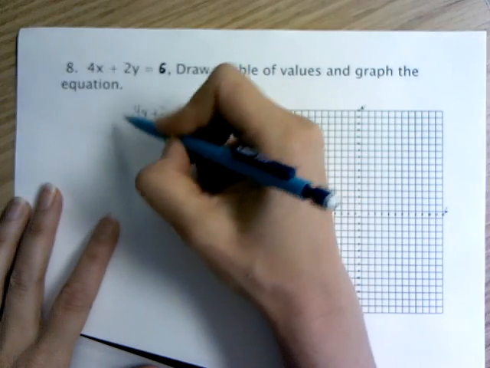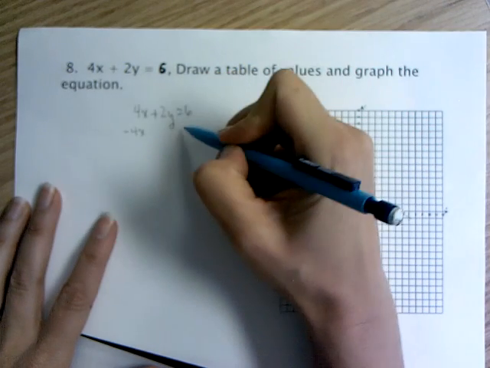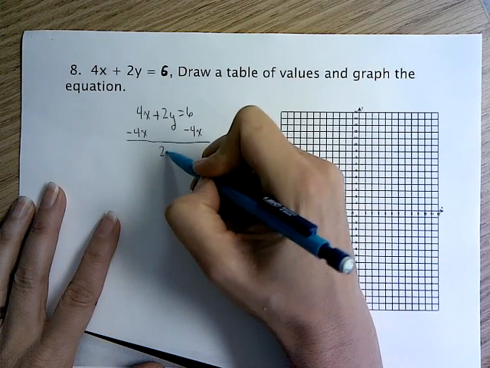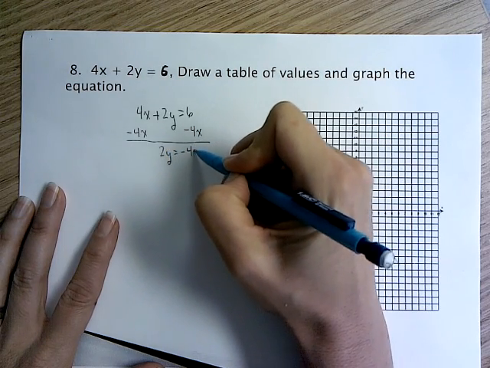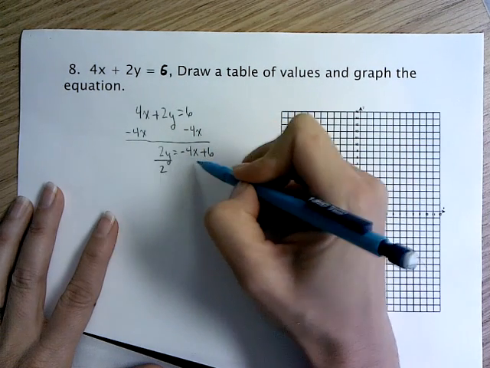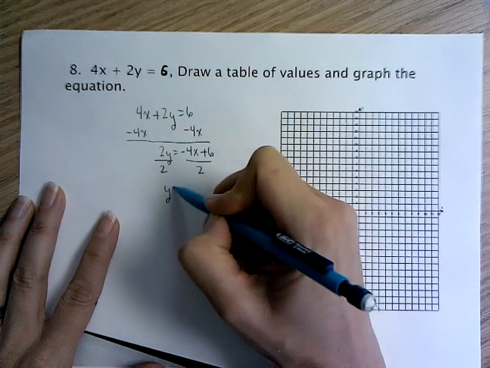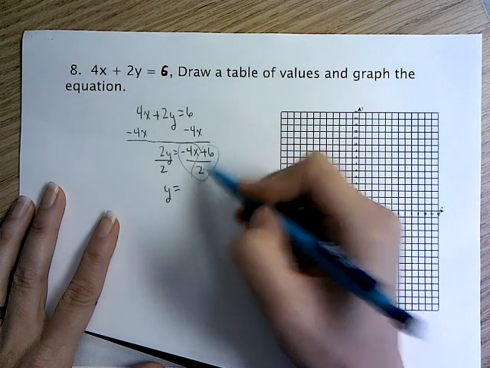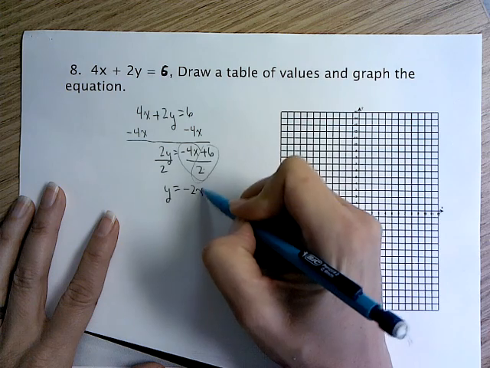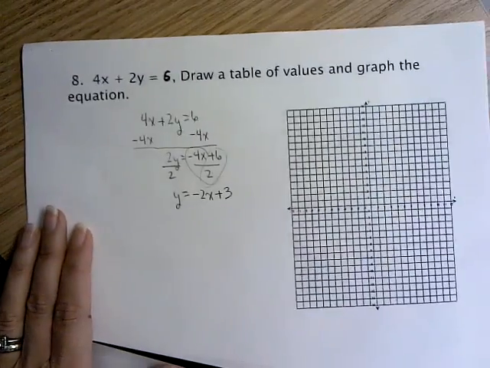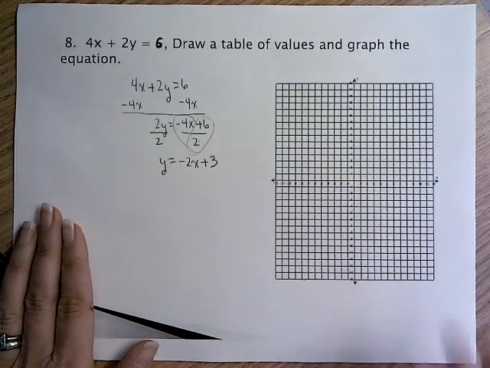So let's start by subtracting 4x from both sides, so that I have 2y is equal to negative 4x plus 6. Divide both sides by 2. And then we want to simplify. Negative 4 divided by 2 is negative 2x. 6 divided by 2 is plus 3. So I have negative 2x plus 3.